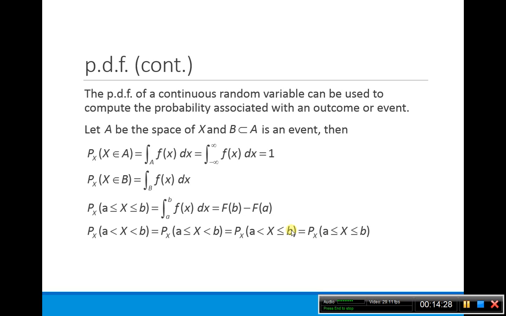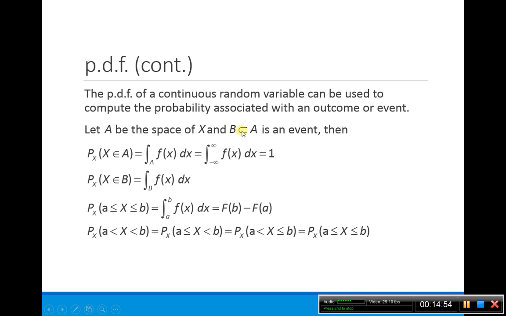Okay, so just a little bit of information. The p.d.f of a continuous random variable can be used to compute the probability associated with an outcome or an event. If we know the p.d.f, so we know our little f of x, what's the probability that X is in A? You just integrate over all of A, and since A is our range, this has to be equal to 1. What's the probability that X is in B?